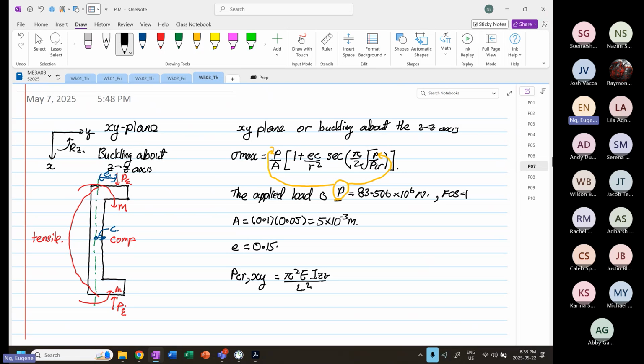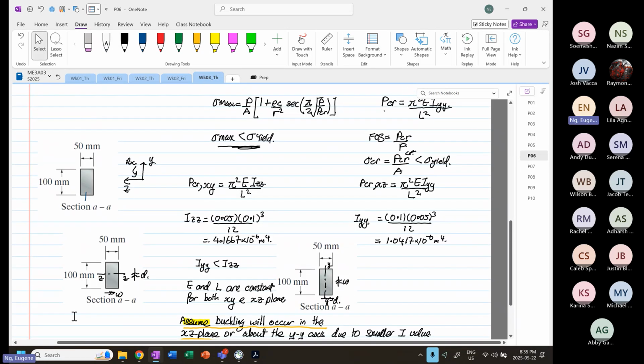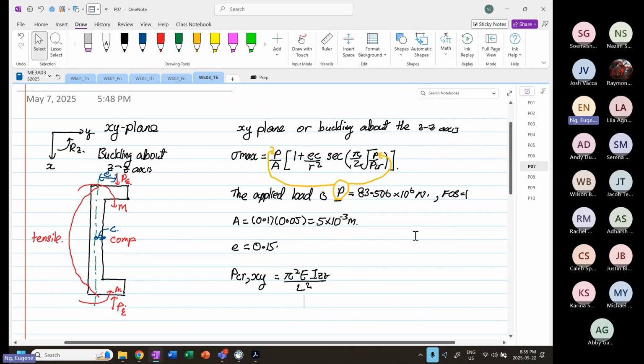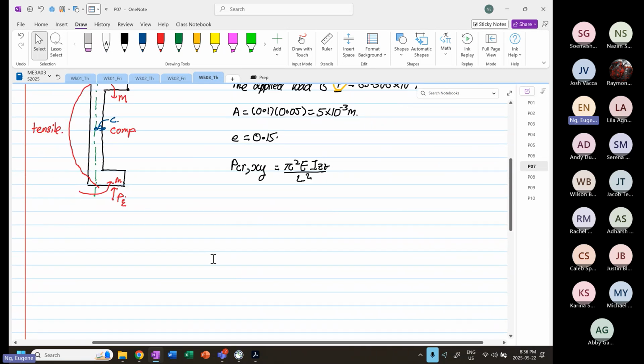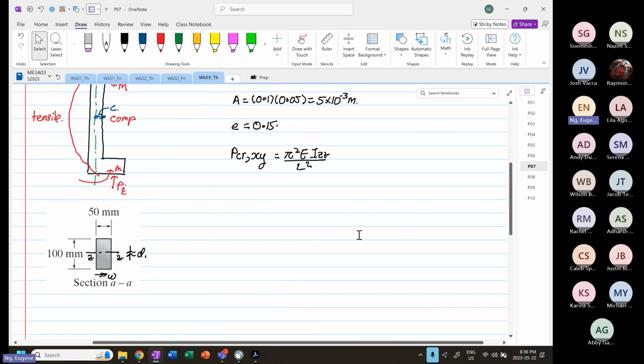So let's get back to the diagram. I'm going to take this diagram again. We are focused on IZZ.